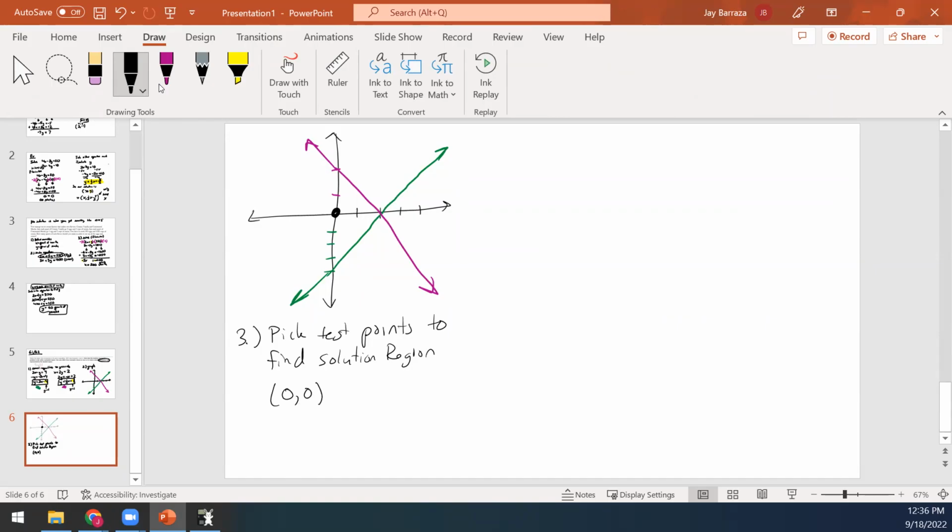Because I know this is 0, 2, this point right here is 0, 2. I'm going to pick 2, 1. I'm going to pick this one right here, 3, 0. You don't have to pick as close nearby. You just pick whatever numbers you like. And then I'm going to do, I don't know, 2, -2.